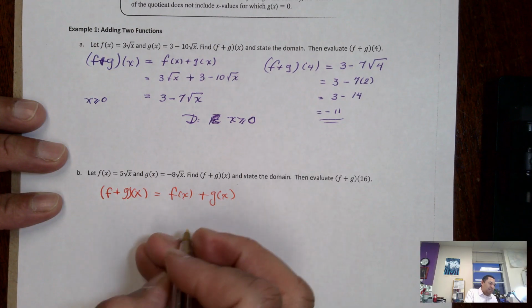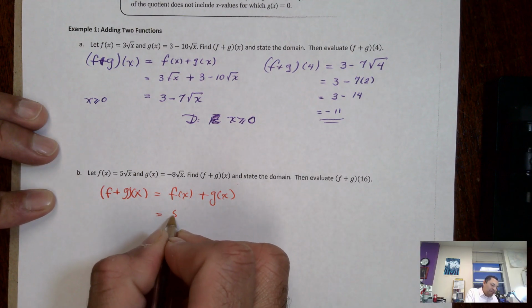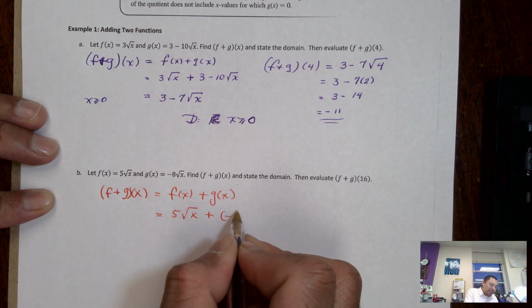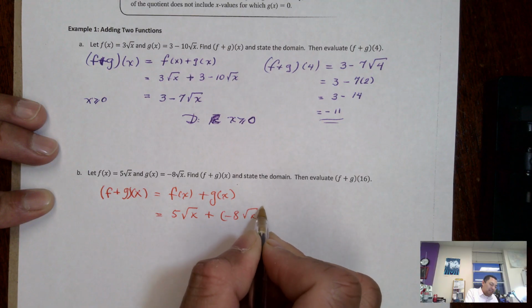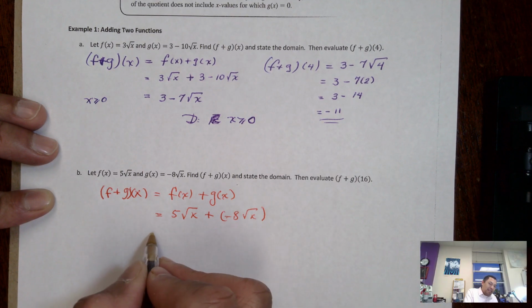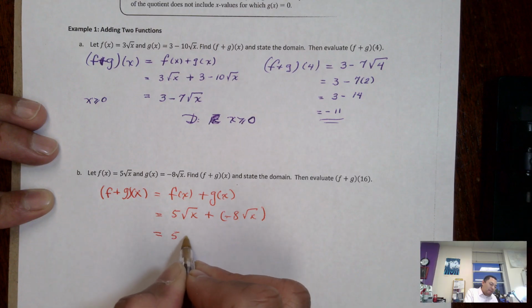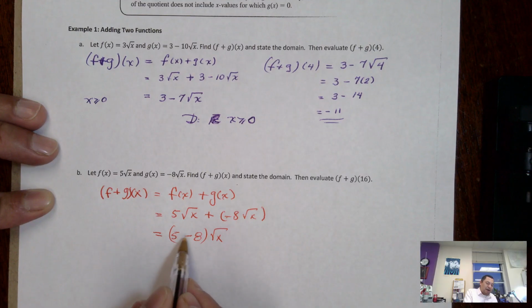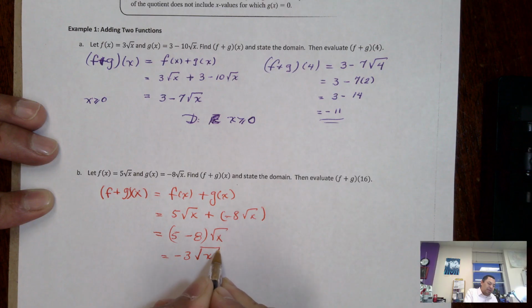So what we have, I have 5 square root of x plus negative 8 square root of x. Now positive and negative is negative, so I have 5 minus 8 square root of x, and 5 minus 8 is negative 3 square root of x.